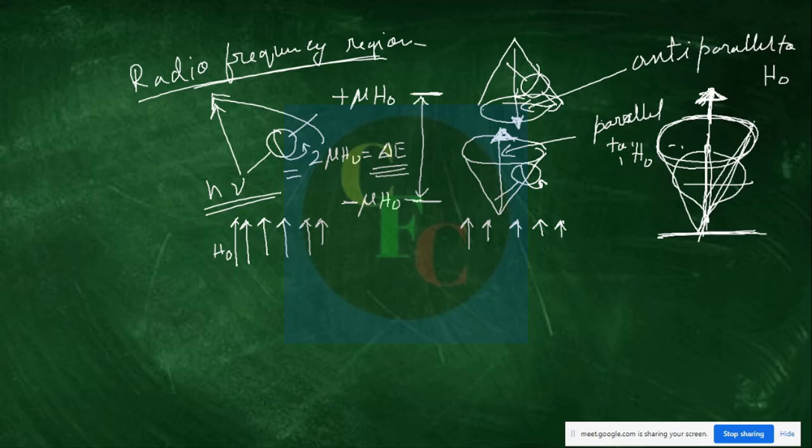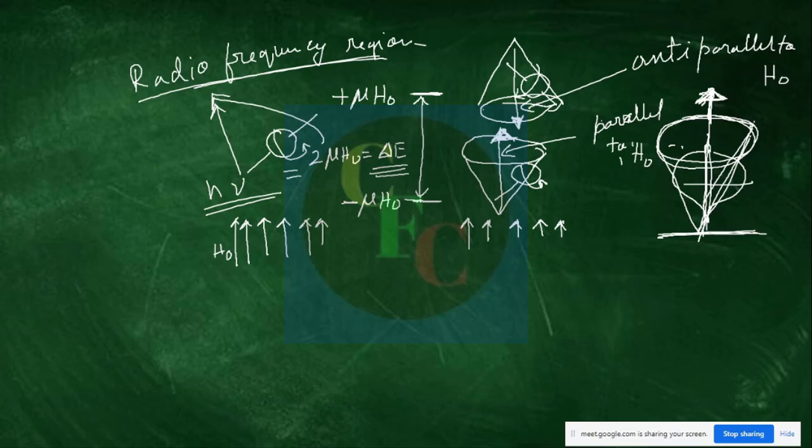Remember one thing: this spin is not the spin of the electron. It has nothing to do with electrons. This is NMR spectroscopy, and this is the nuclear spin state, in the radio frequency region. In the presence of an external magnetic field, this spin state splits, and you can transform from one spin state to the other by application of radio frequency.